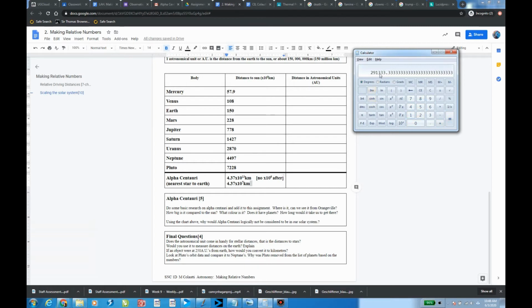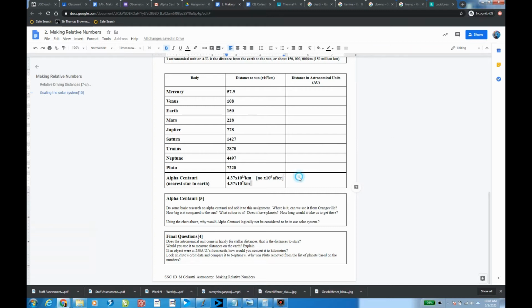And I get 291,000 astronomical units. And again, just truncate those zeros. Okay? Now, another nifty way of doing this, I will show next.